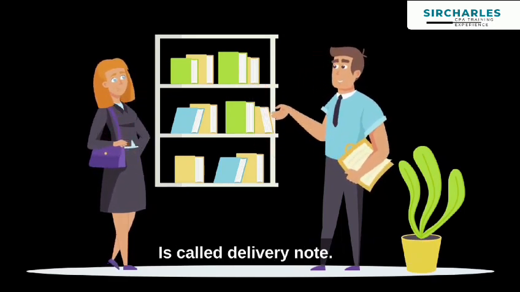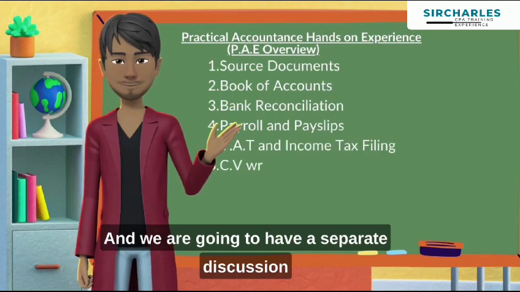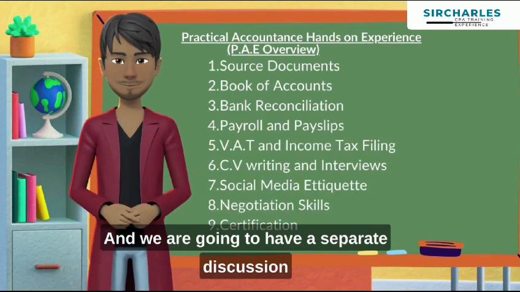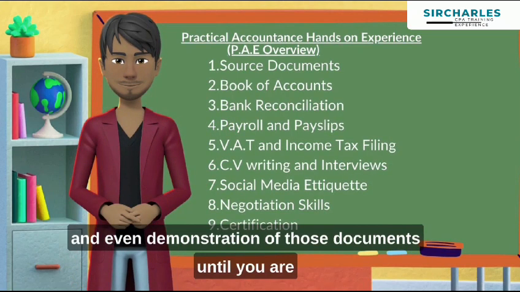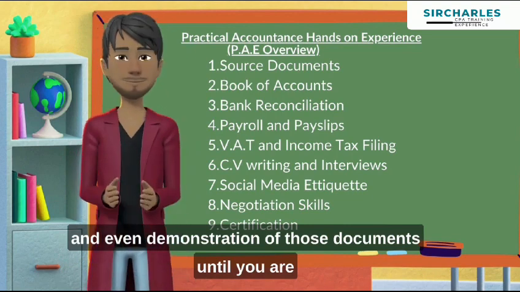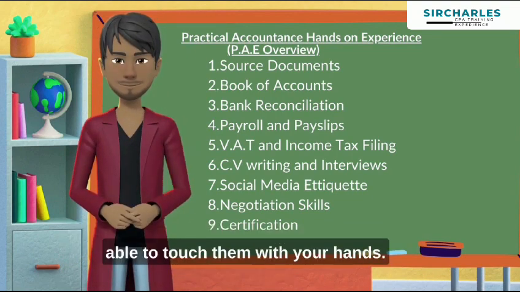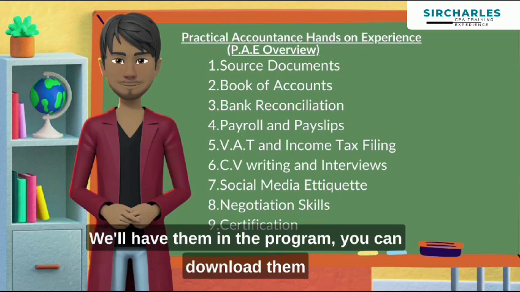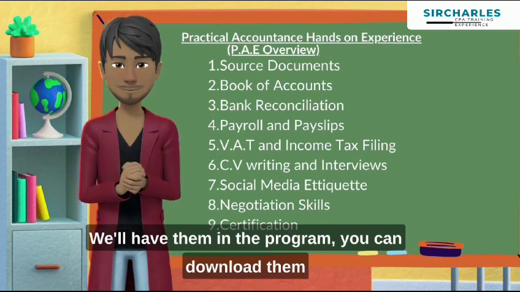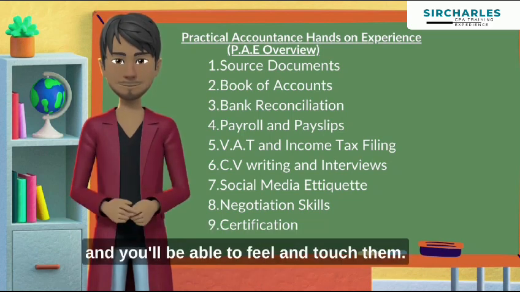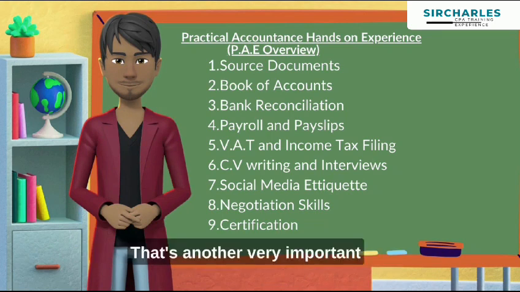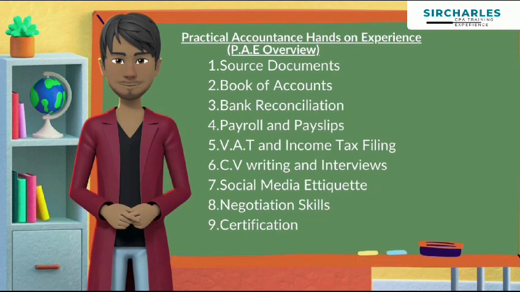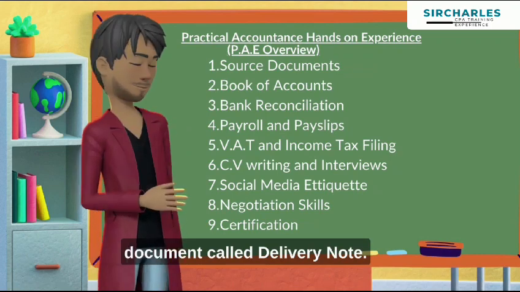We're going to have a separate discussion and even a demonstration of those documents until you're able to touch them with your hands. We'll have them in the program. You can download them and you'll be able to feel and touch them. That's another very important document called the delivery note.